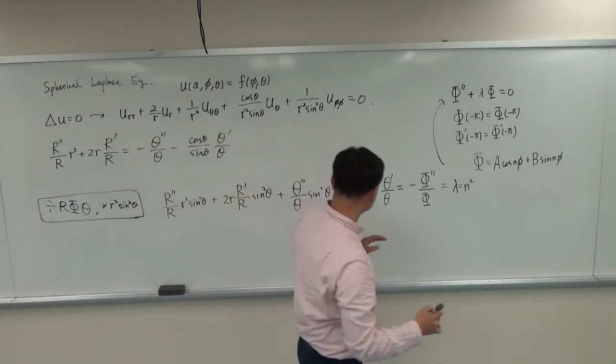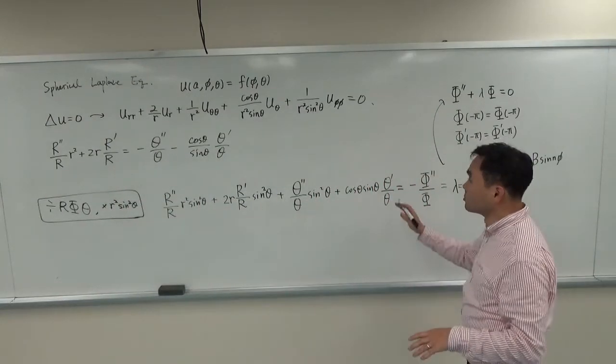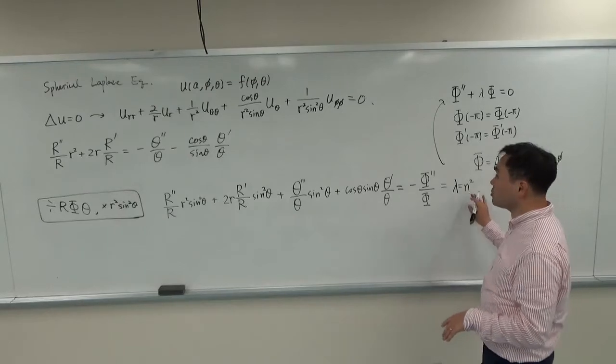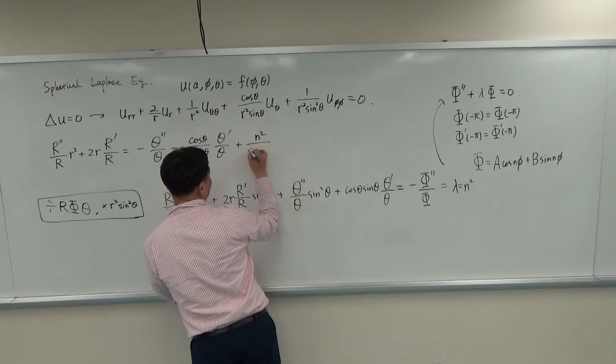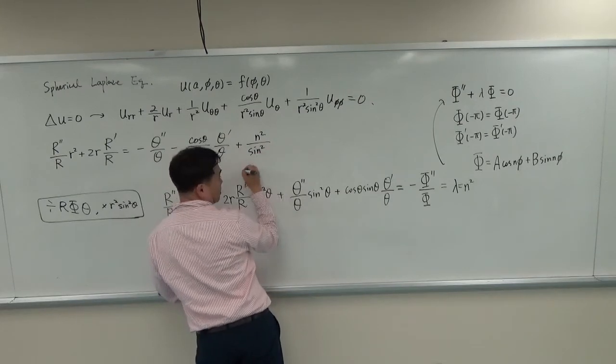Because we're dividing by sine squared. And this one will also be divided by sine squared, so it's n squared over sine squared of theta.